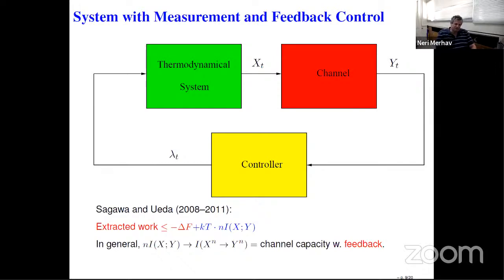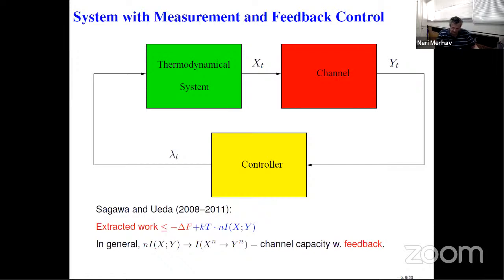And what the two Japanese physicists, Sagawa and Ueda, have shown us is that in the well-known inequality that relates work extraction to a change in the free energy, there is an additional term which is proportional to the mutual information, just like I've shown before. And in fact, it is more exact to say that in general it's not quite the mutual information, but the so-called directed information, which is well known in information theory as a related notion that also takes causality into account.